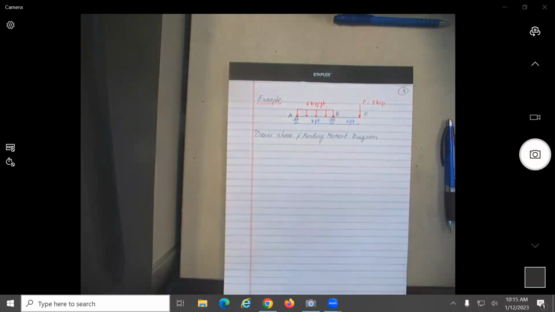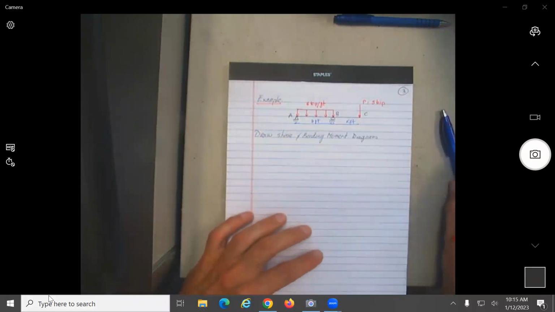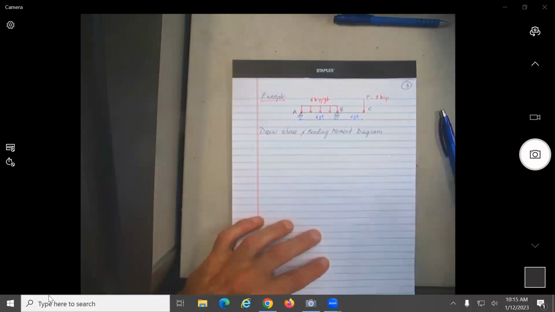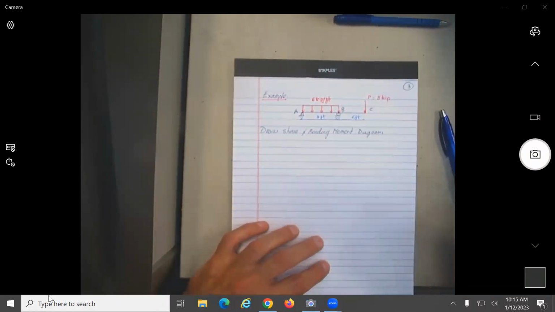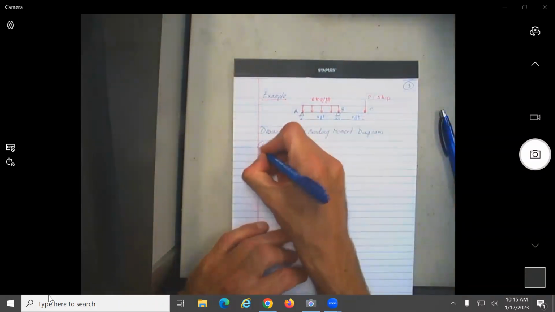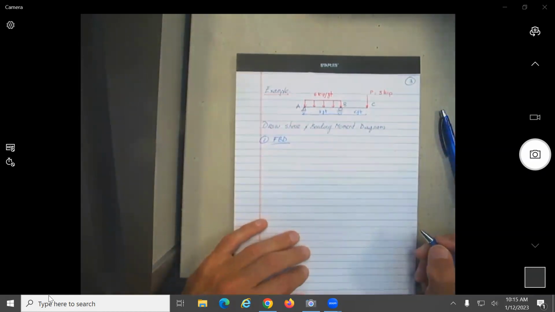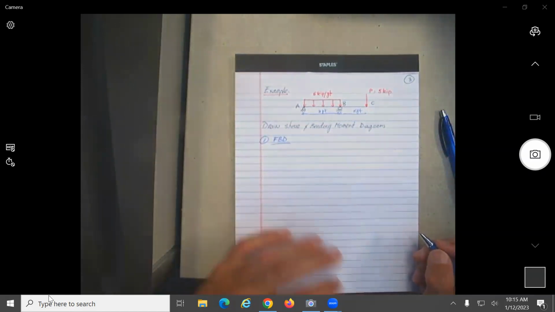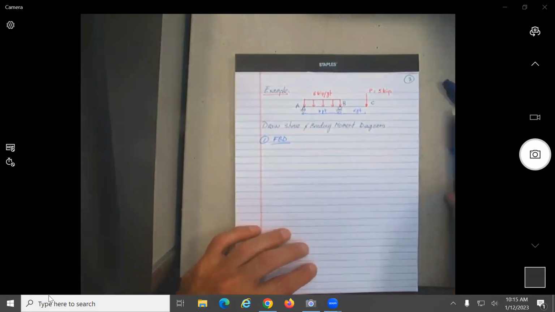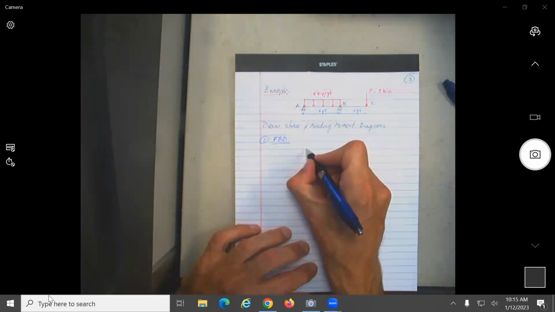I assume that you know some stuff. So again, we're going to follow the procedure. So what is the first step? Free body diagram. So I don't write free body diagram, I write FBD, no?